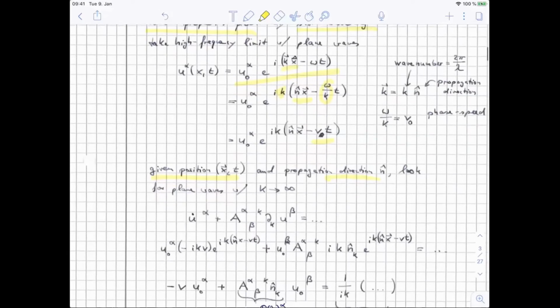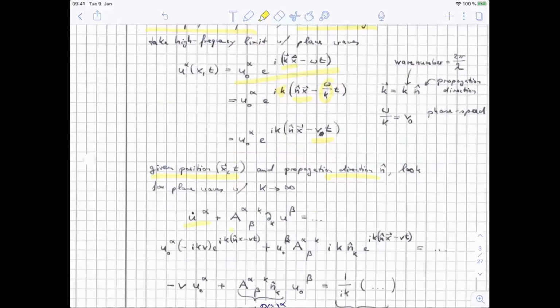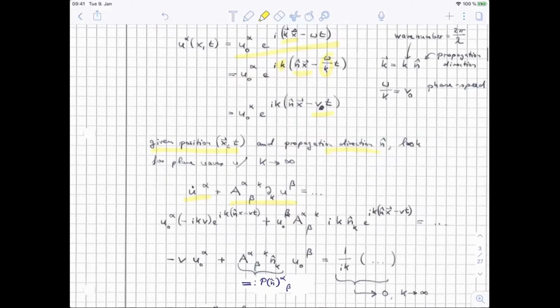So here's our first order equation. We substitute in the wave equation. In the time derivative term, minus ikv comes down from the time derivative. In the spatial gradient terms, an ik n hat comes down because of the e to the ik n dot x and the x derivative. And now you can take this and divide by ik.